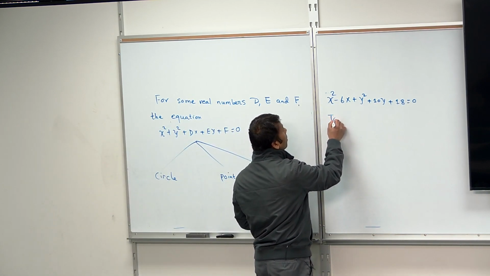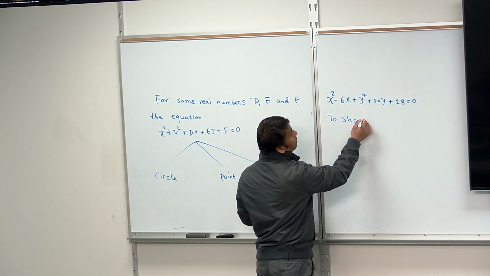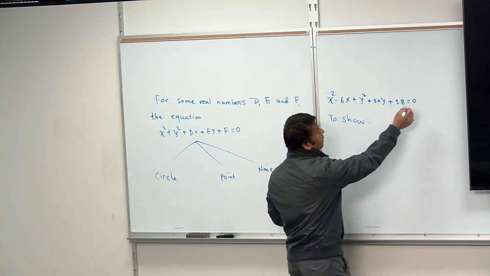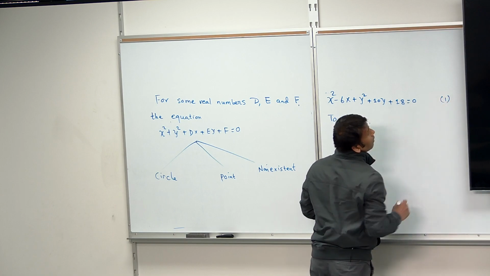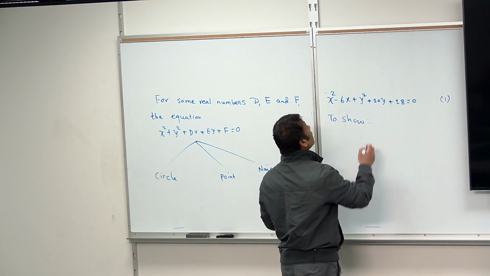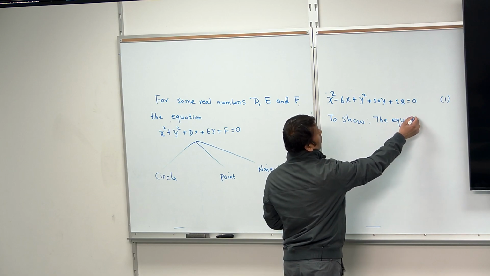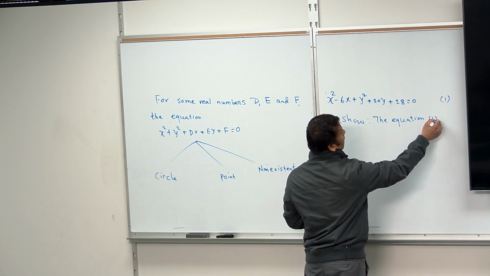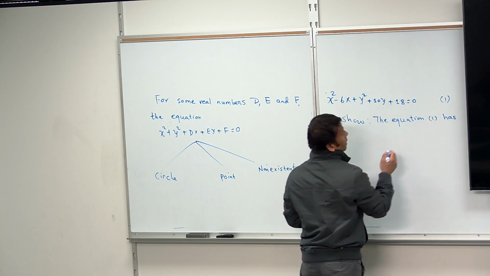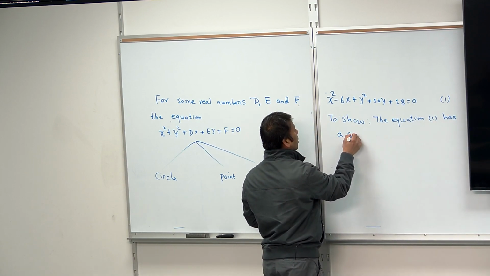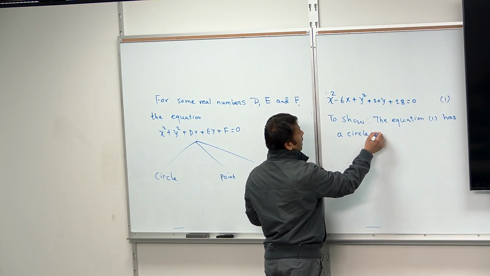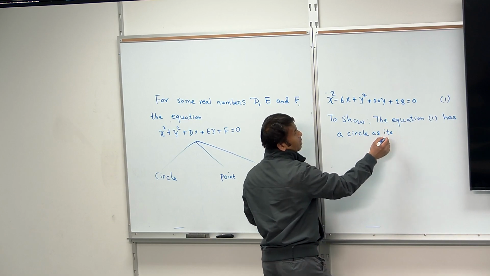What do we need to show? Let's say this is equation 1. We have to show that equation 1 has a circle as its graph.